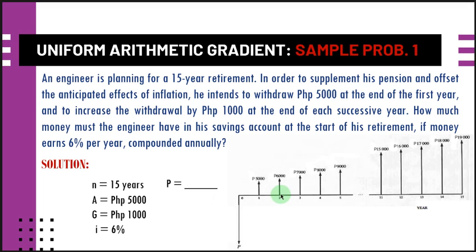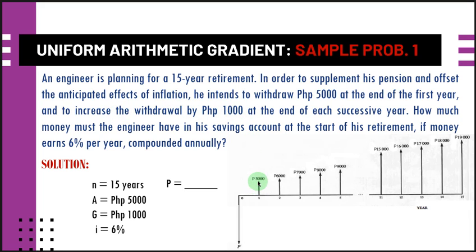So we have here a simple diagram for this. From 0 we have 1, 2, 3, until n equals 15 years. The engineer withdraws 5,000 during the first year, and then he increases the withdrawal by 1,000 pesos afterwards.